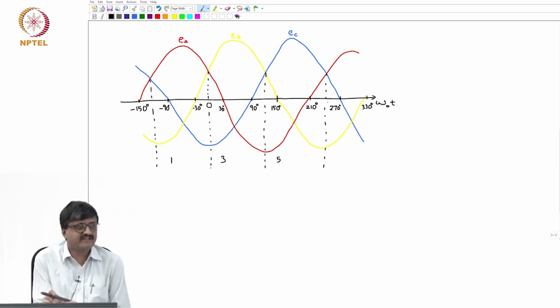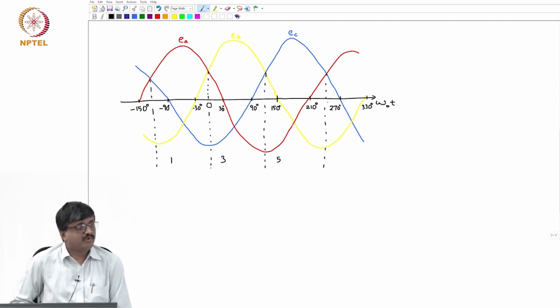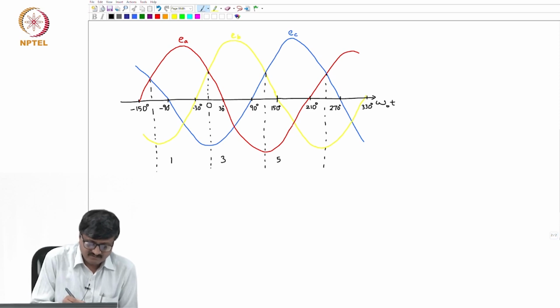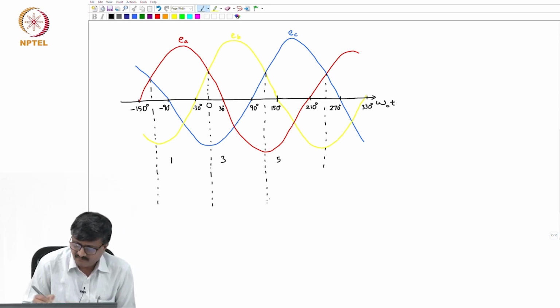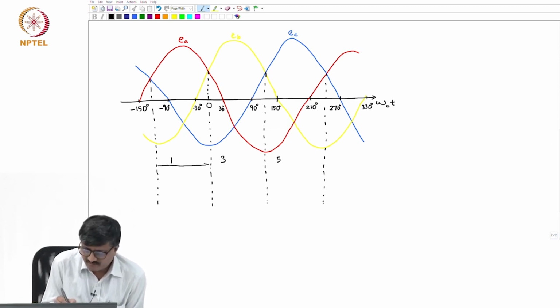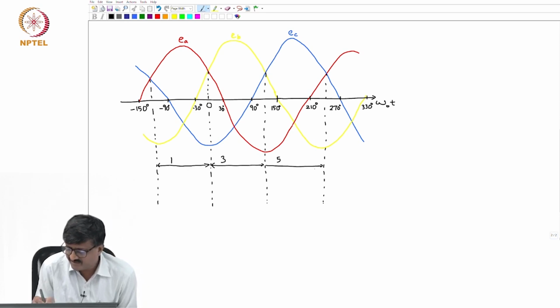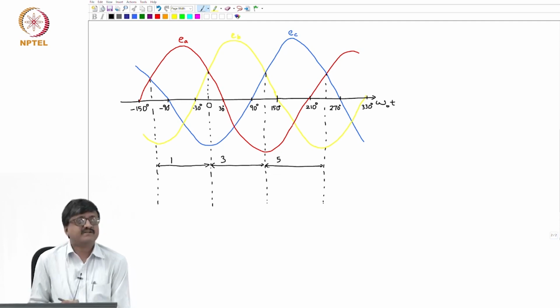So, for one full cycle of 360 degrees of the AC side, we have noted which thyristor valve of the upper commutation group conducts. Now, we also have to find out which one among the lower commutation group conducts. Okay. So, I will just extend these lines. This is corresponding to 1, this is corresponding to 3, and this duration is corresponding to 5. Okay.